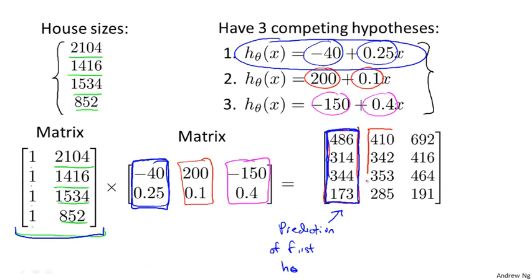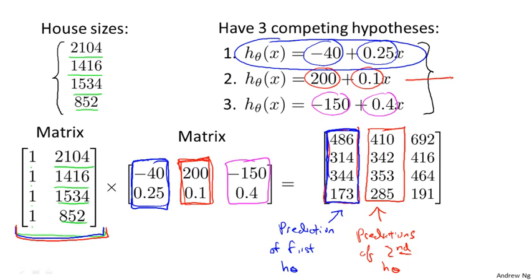And how about the second column? Well, the way you get the second column is, you take this matrix and you multiply it by this second column. And so the second column turns out to be the predictions of the second hypothesis up there. And similarly for the third column.